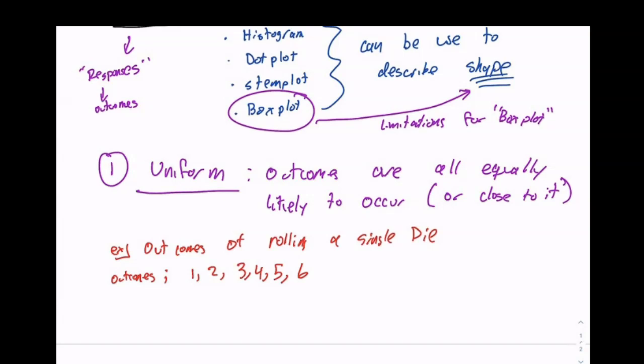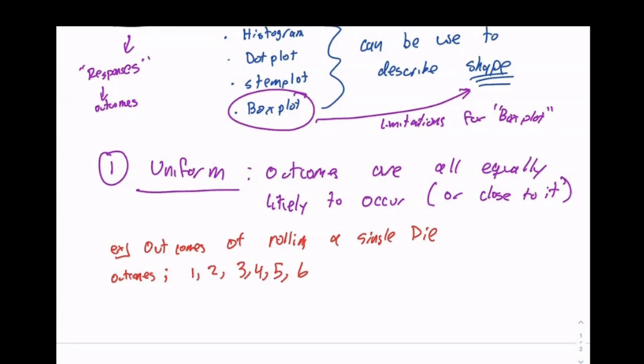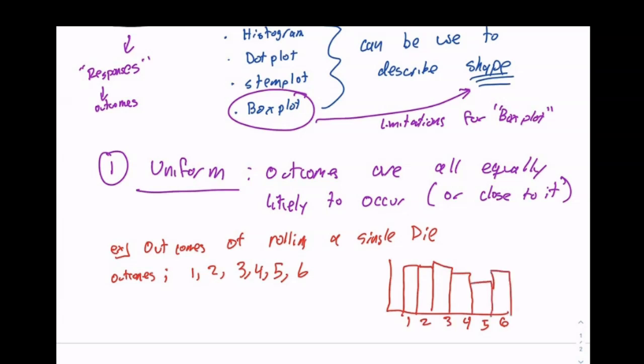Now, each of these outcomes, when you roll a die, are equally likely. You have the same chance to roll a 1 as you have of rolling a 2, as rolling a 3, as rolling a 4. So if I were to look at 1, 2, 3, 4, 5, and 6, basically, and they might not be exact. Oops, it's a little too wide there. And you'll have some frequency.